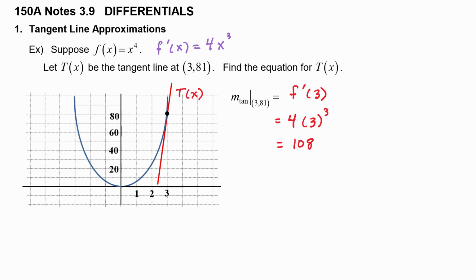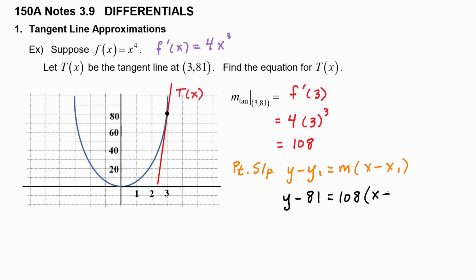Now we know that point-slope form of a line is y minus y1 is equal to m times x minus x1. And now we can plug in. We have y minus 81 is equal to the slope, which we said is 108, times x minus 3.